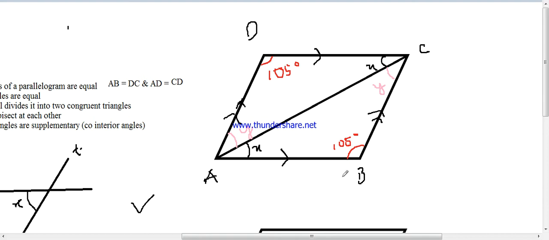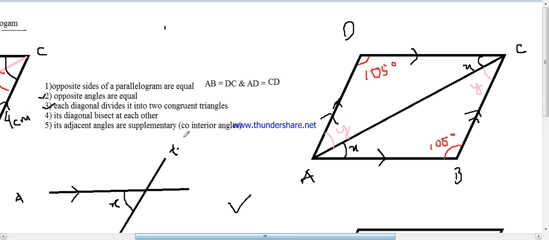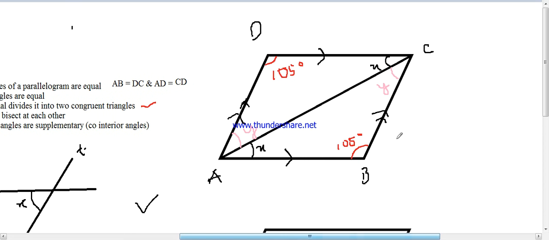This proves our third statement, that each diagonal divides it into two congruent triangles.